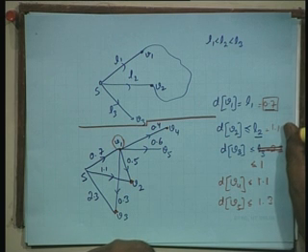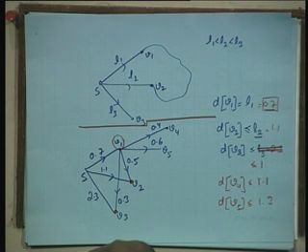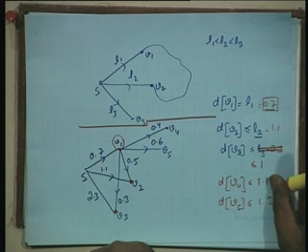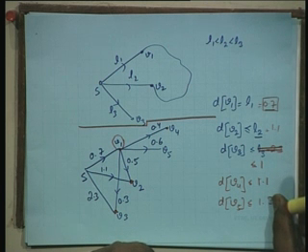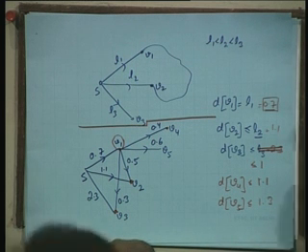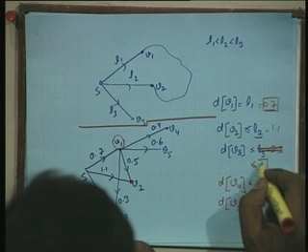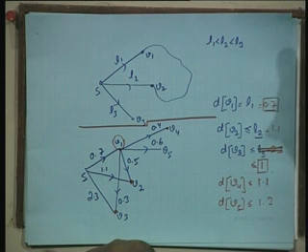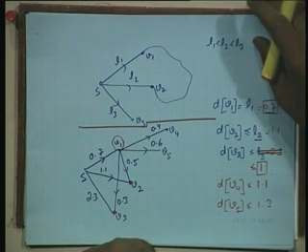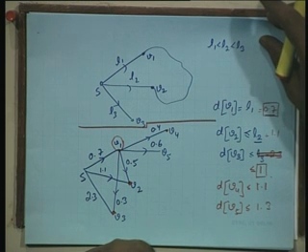This did not reduce, this earlier was not reachable at all, let us say it was infinite earlier, now it has become 1.1, and this also came down from infinite to 1.3. Now, what I am claiming is that let me look at the smallest of these, which is 1, and this is the correct distance of V3 from S.